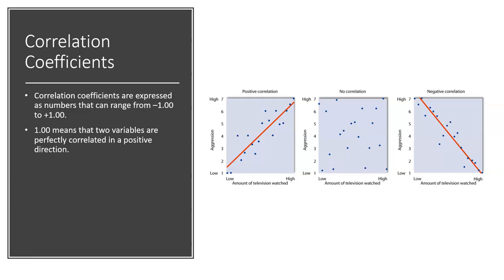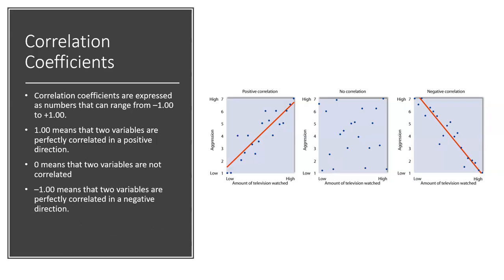A positive 1 means you have a perfect correlation in a positive direction. 0 means that the variables are not related at all, meaning you can't predict the value of one variable using the other. A negative 1 means you have a perfect negative relationship. Now, in reality, we don't get perfect correlations.